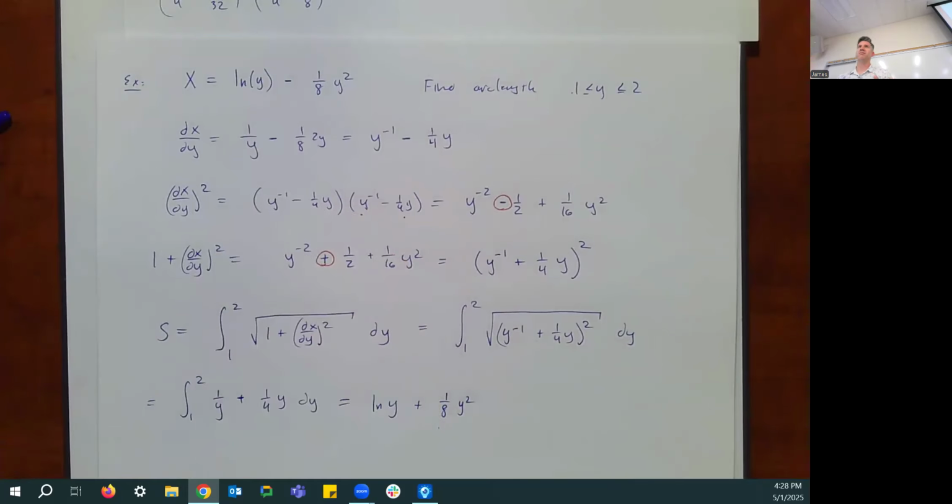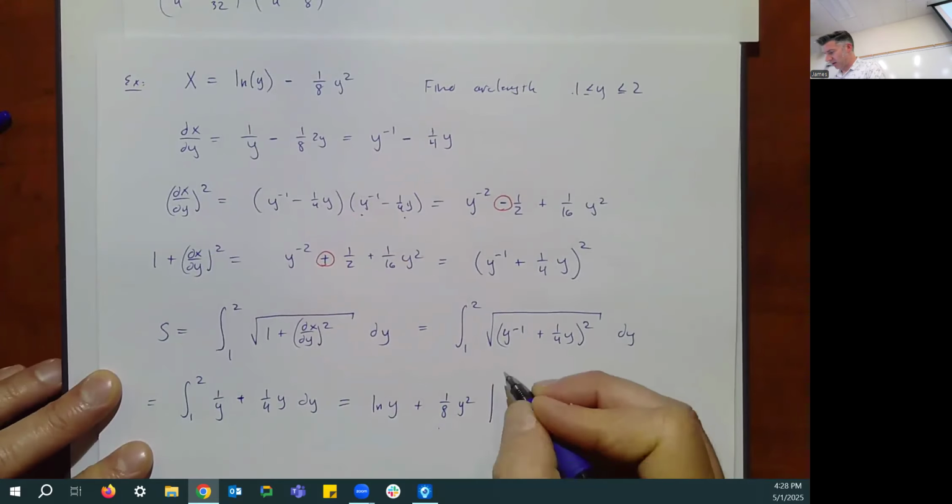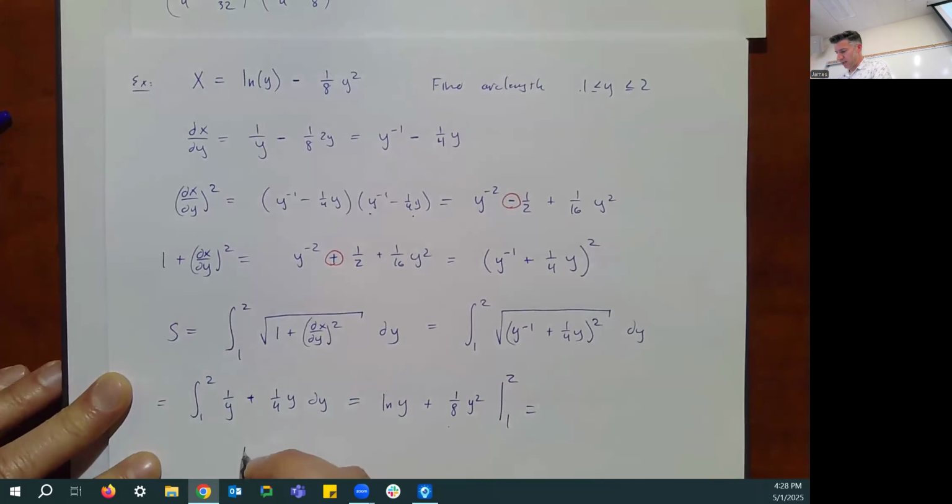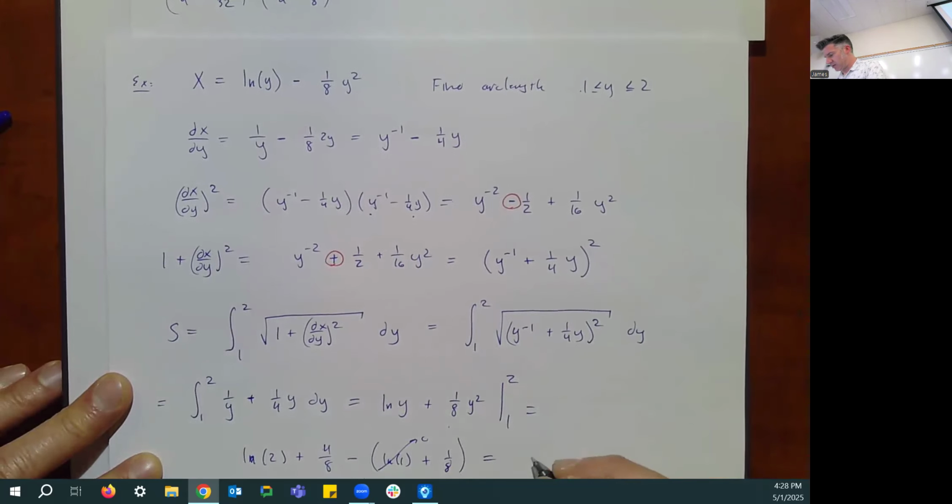Which feels like we spent time doing something we didn't need to do, but we did. And then we plug in our limits of integration. So we get the natural log of 2 plus 4/8 minus the natural log of 1, which is 0, plus 1/8. So simplifying, our final answer is going to be the natural log of 2 plus 3/8.